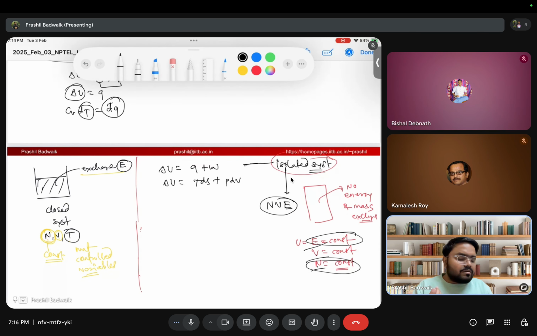We refer to U and E interchangeably, right? So this system is an NVE system. What are the controlled variables? Control variables are volume, energy, and number of particles. Correct?